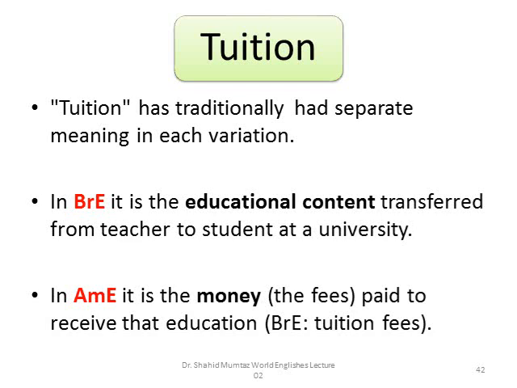And in American English, it means the money, the fee. What do we understand from tuition most of the time? Tuition mostly we understand as money, the fee paid to receive the education.